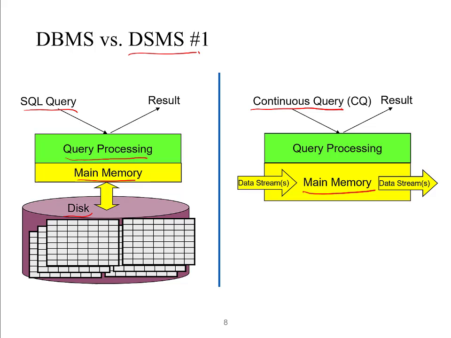I want to know, for example, the maximum value in this data stream. But you can think of the answer to this query as actually varying with the data, or with time. Because when data comes in, the maximum value in this data stream changes, or at least has the possibility to change. So that is the meaning of continuous query.